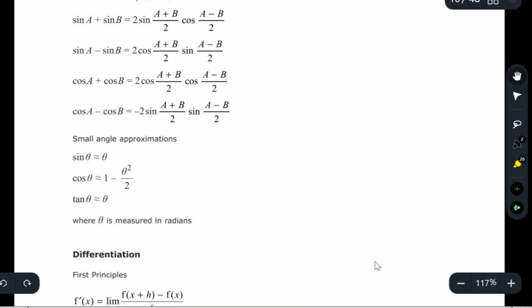Well, with the small angle approximations, we know that sine theta is approximately equal to theta, and cos theta is approximately equal to 1 minus theta squared over 2.